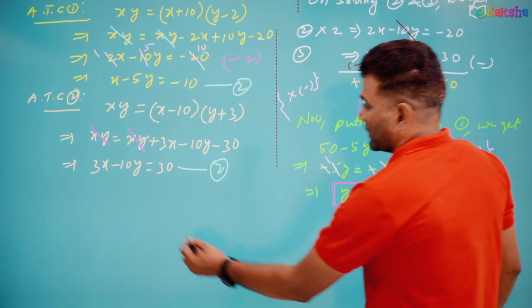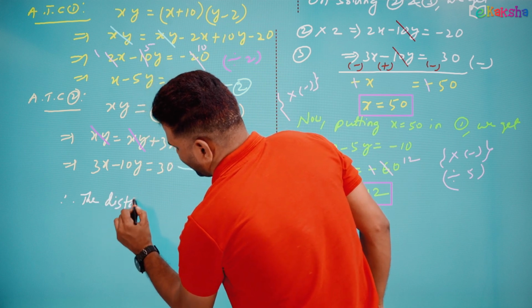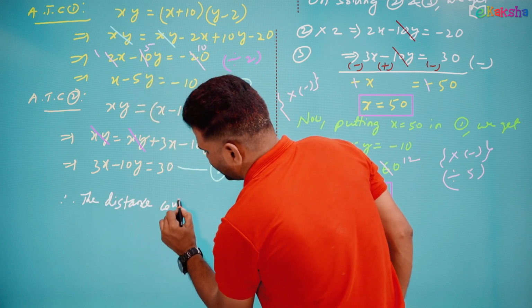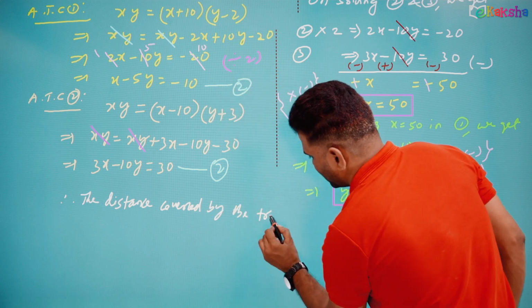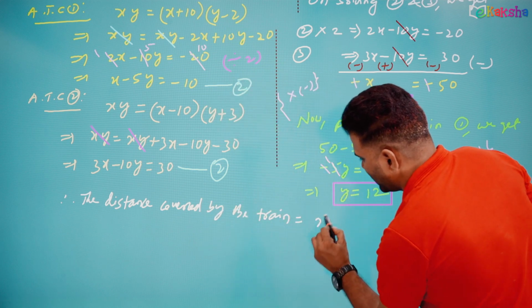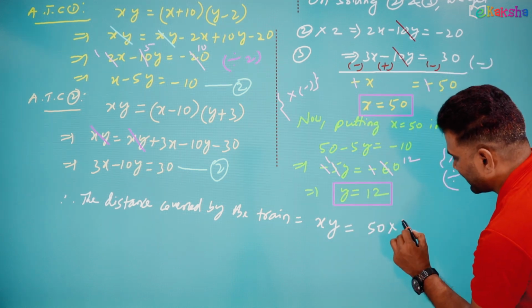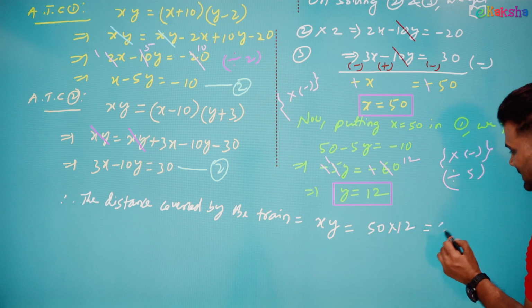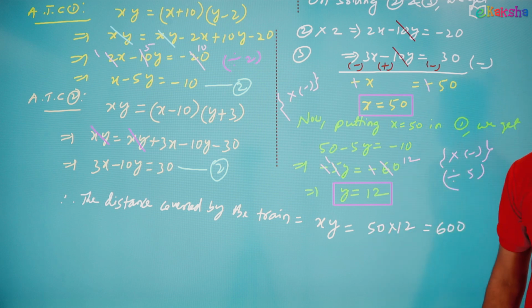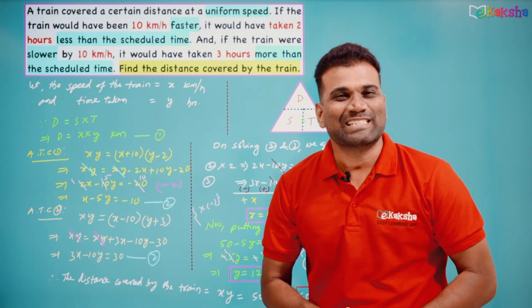Therefore the distance covered by the train is equal to x into y, which is equal to, x is 50 and y is 12, which is equal to how much? 600 kilometers.